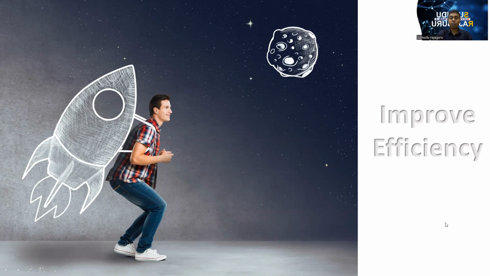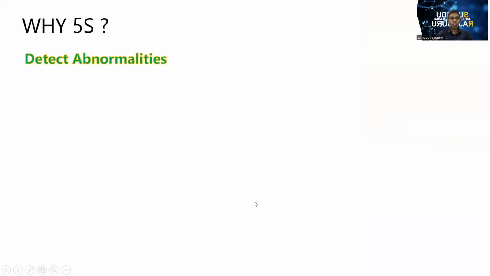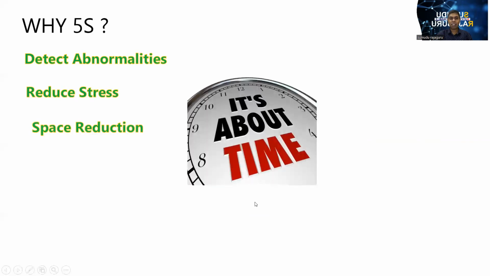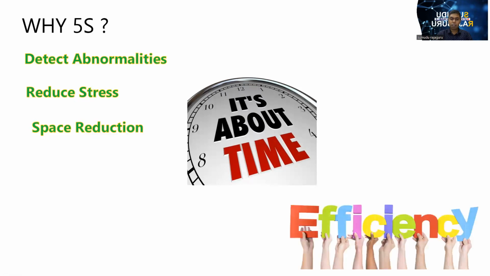Because of that, our personal efficiency is going to increase. So detect abnormalities, reduce unwanted stress, space reduction, and it is about time, which means the efficiency is going to increase. So implementing 5S is one of the major activities of process optimization.